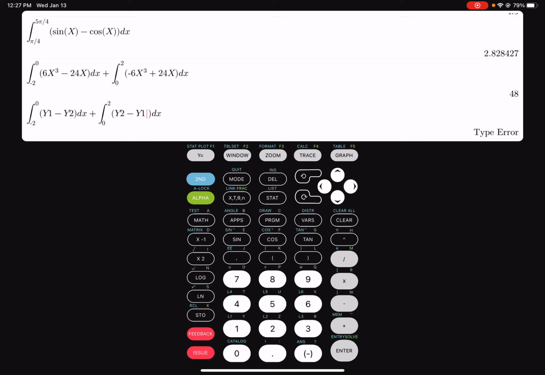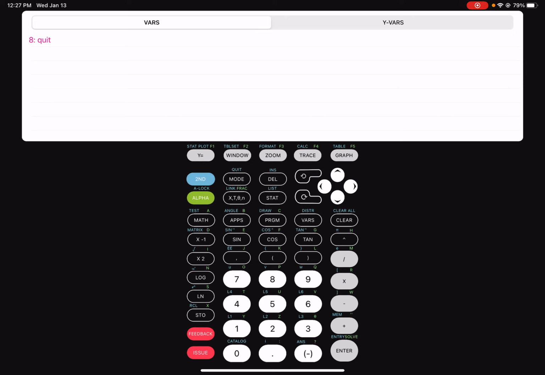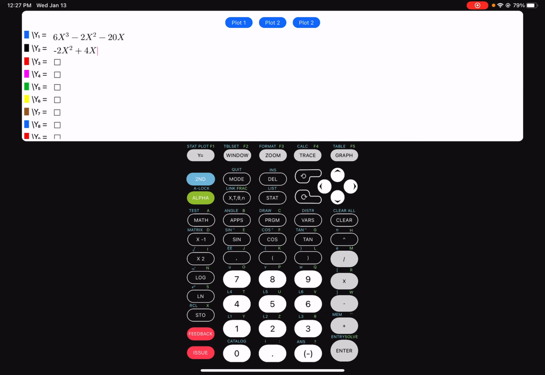Oh, it's not going to work on my calculator. On your calculator, it'll work. You have a function that you've defined because you defined it right here, y1 and y2. Mine is not showing up. For some reason, it doesn't. This is what happens when you have the free version of it. It'll work on your calculator.